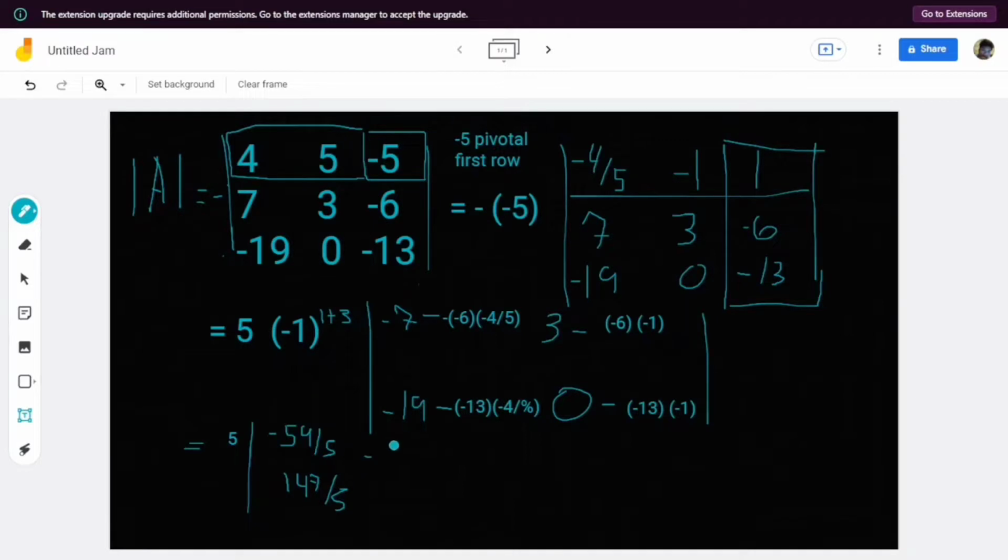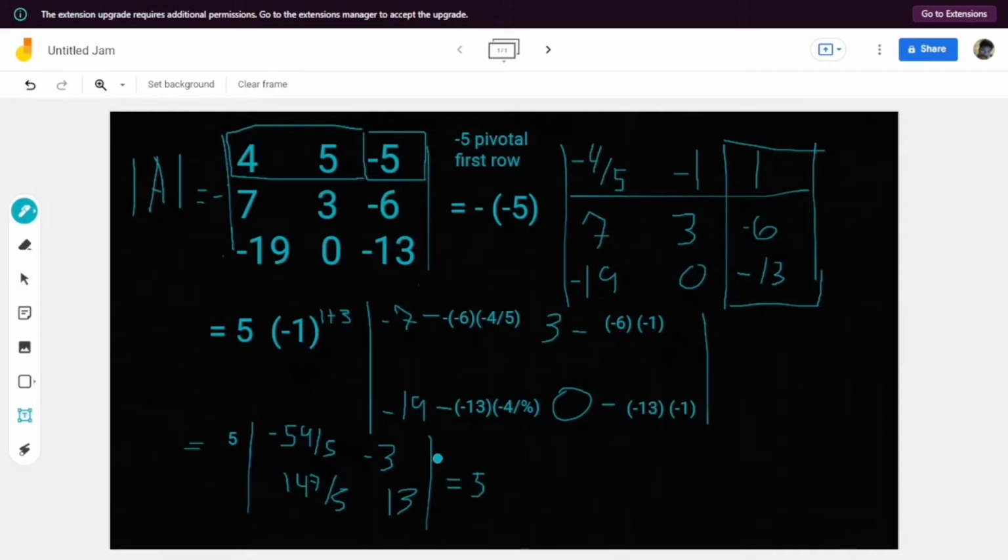And for the second column, we have 3 minus 6, so we have negative 3, and 0 minus positive 13, and we'll get negative 13. After this, we won't use pivotal anymore. We will use the Leibniz formula.